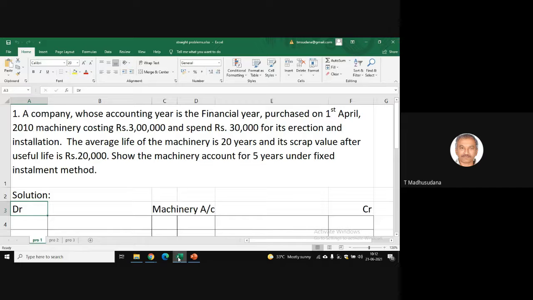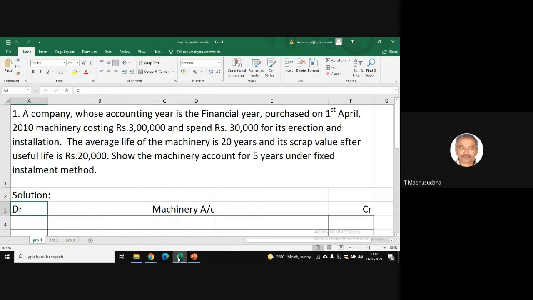Suppose in the given problem, there is no mentioning about whether they are following the accounting year or financial year. We have to assume that the company is following calendar year.